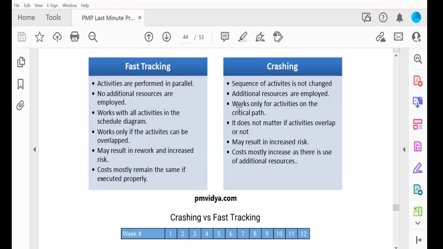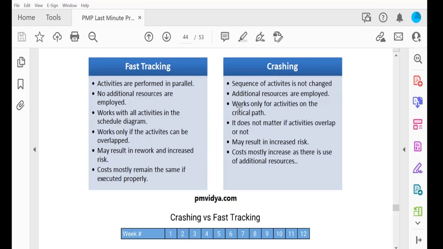One option is fast tracking. Fast tracking means we will do some of the work in parallel. For example, renting equipment, and at the same time purchasing some of the software. So this kind of work is parallel.